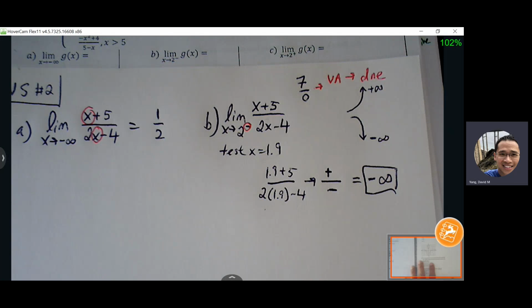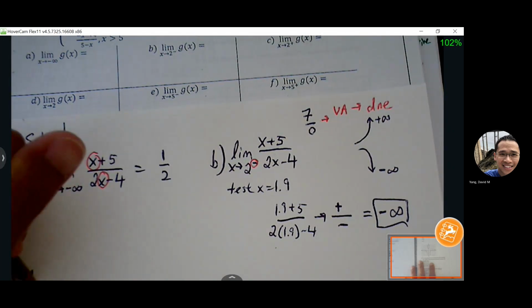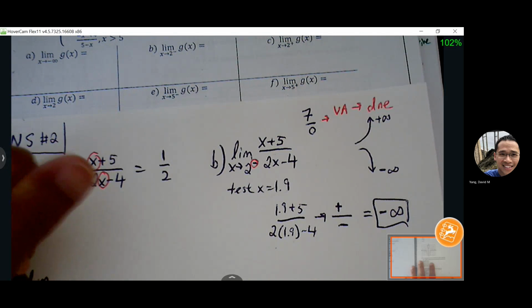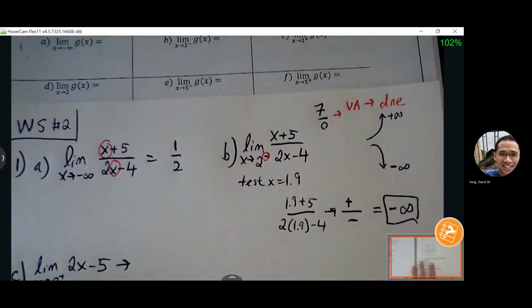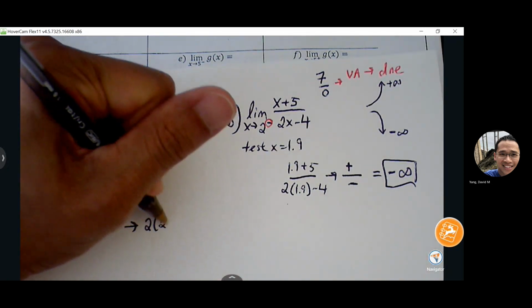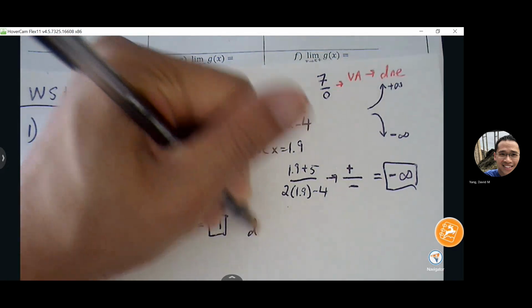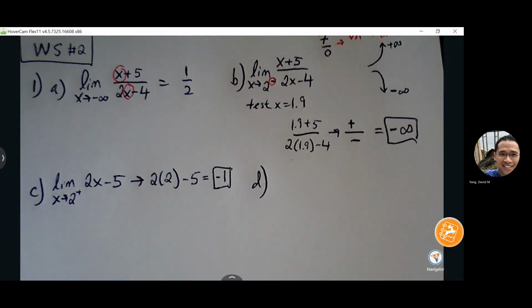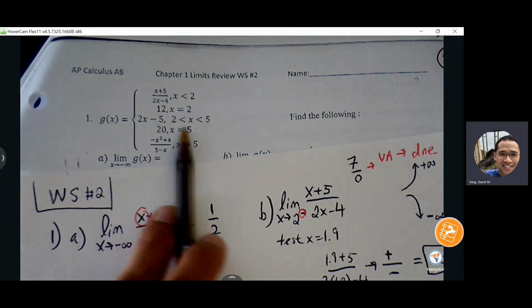Okay, go ahead and try part C. Choosing a value to the right of 2, fall in that category of 2x minus 5.